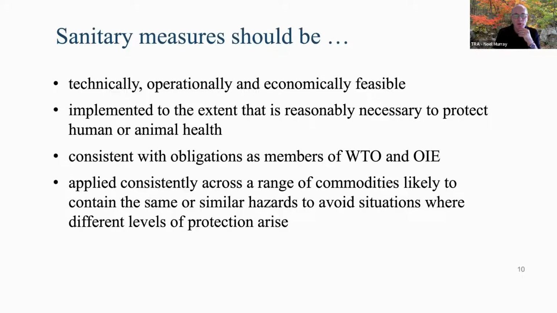They should only be implemented to the extent that's reasonably necessary to protect either human or animal health. They should be consistent with their obligations as members of WTO as well as OIE. And as I say, applied consistently across a range of commodities that likely contain the same or similar hazards to avoid those situations where different levels of protection arise. So that could easily result in discrimination and trade disputes.